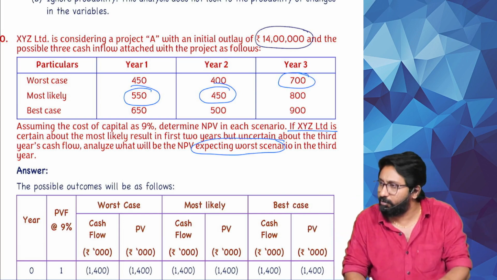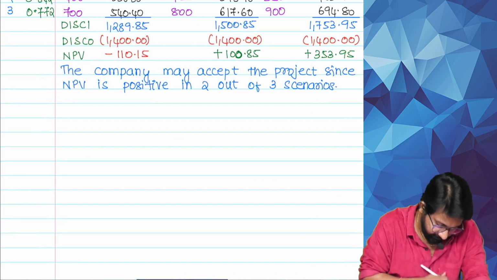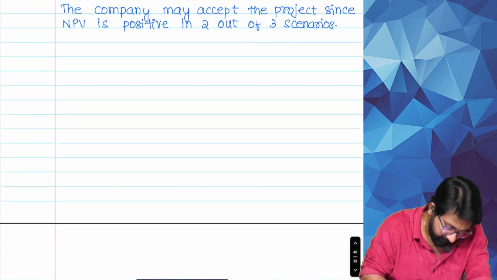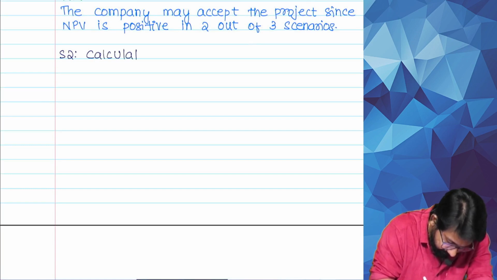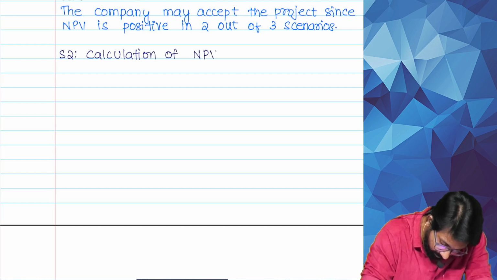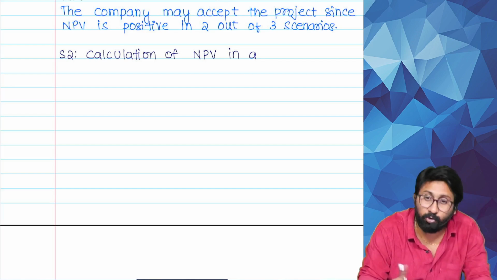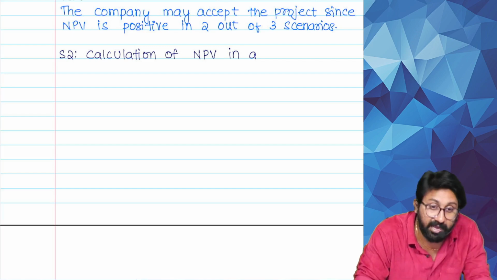He is asking. Can we do it or not? Calculation of NPV in this most likely and worst case combination is called a hybrid scenario.